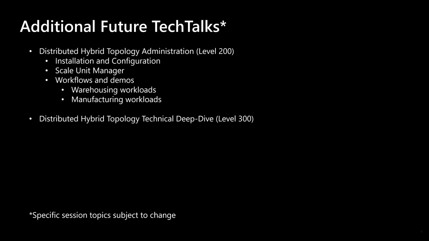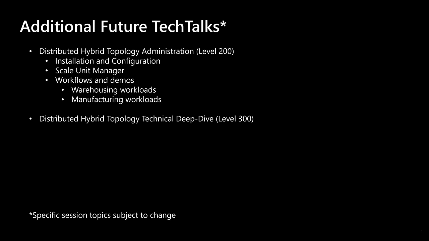So, as I mentioned, this is part of a series that we plan on having on this topic. This is the level 100 introductory session for the distributed hybrid topology. Next up will be a level 200 administration tech talk, where we'll get into further details around the installation and configuration, how the scale unit manager works, and then also additional details around workflows and additional demos around some additional business processes.